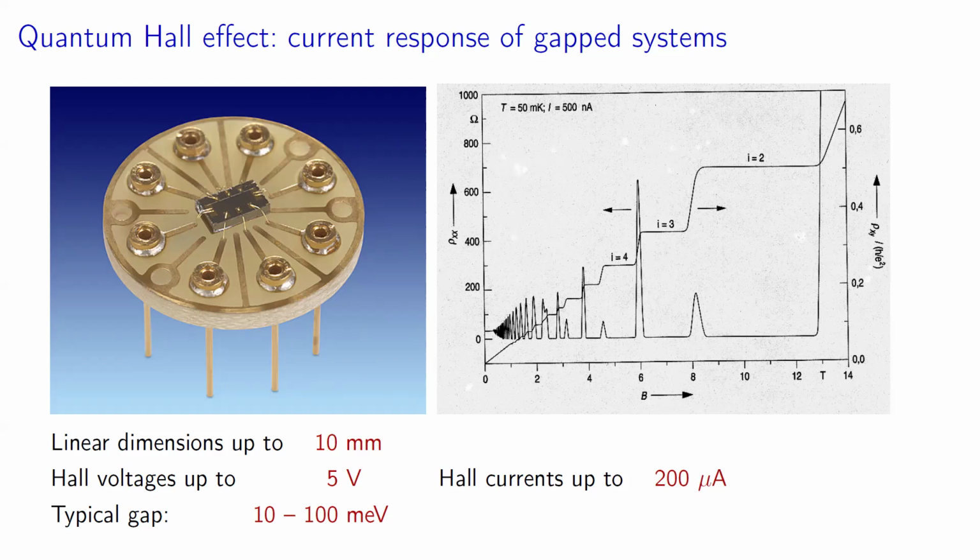And it turns out, and that was the big discovery, that the values of these plateaus, if you plot the inverse, the Hall conductance, are at integer multiples of a fundamental physical constant, the inverse of the von Klitzing constant. I'll show you what it is in a second. It's basically e squared over h.